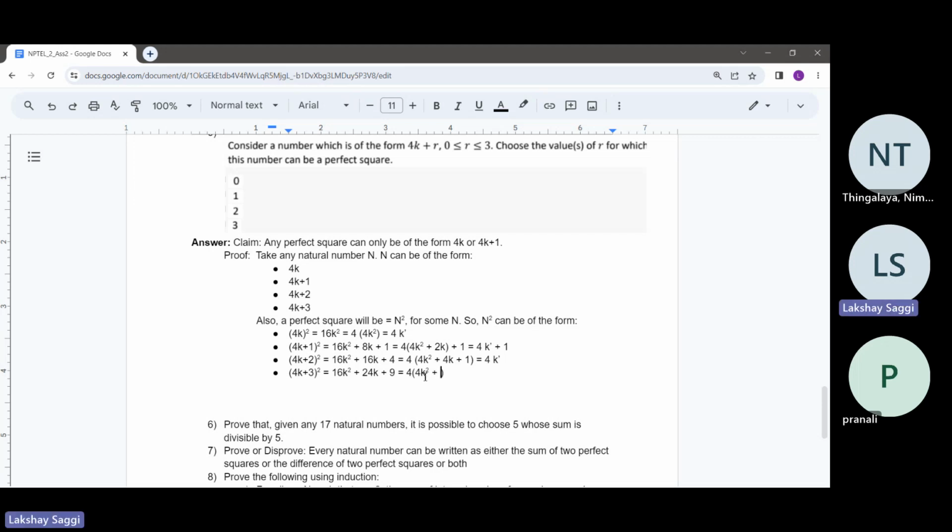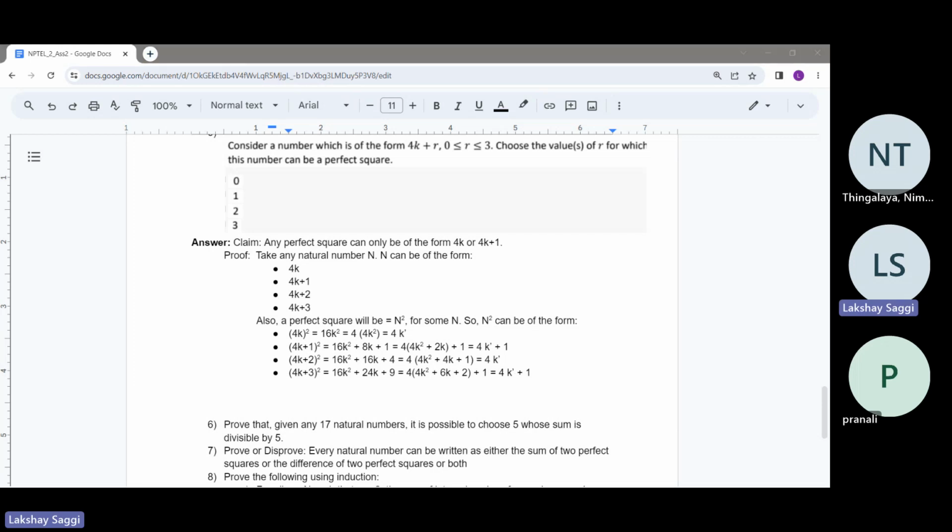You can just do this calculation yourself also, it's not too difficult. So now again taking this as some k prime, this will be of the form 4k prime plus 1, because this one is extra.